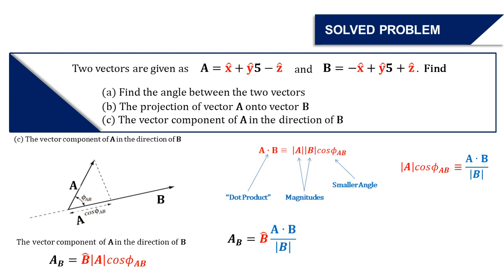Although, our B hat, we can still break down into B over the magnitude of B. So, these are the basic symbols. We can now simplify our formula into this. It says the vector component of A in the direction of B is equal to B times the dot product of A and B all over the magnitude of B squared.